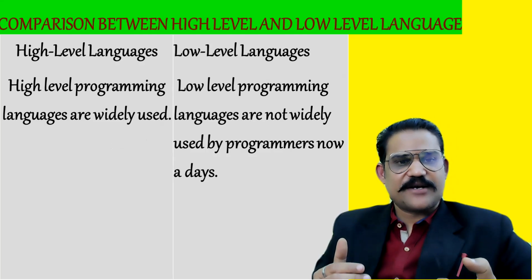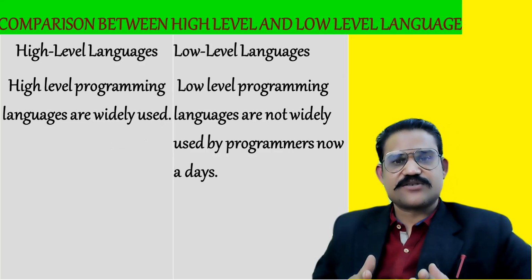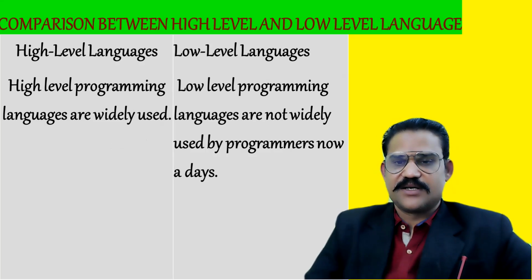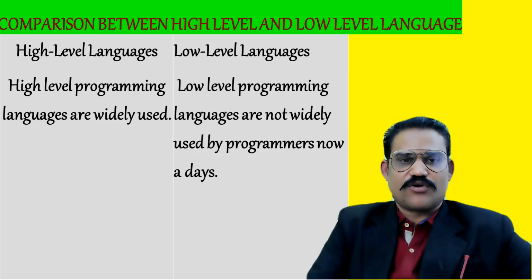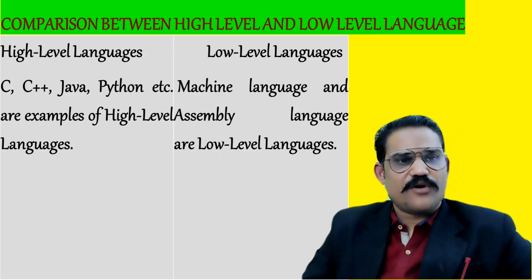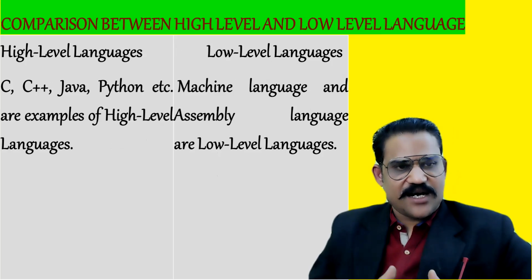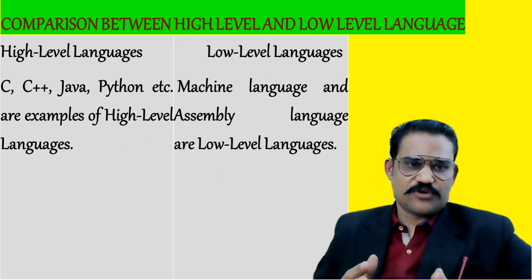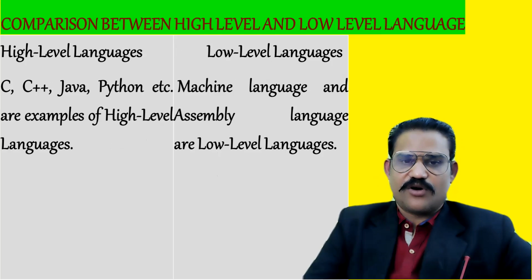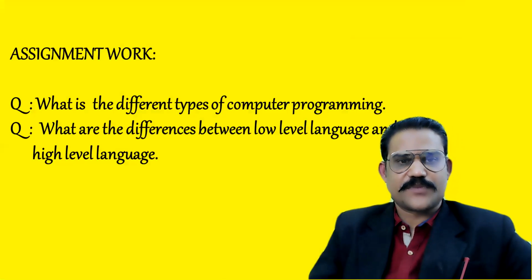High level programming languages are widely used, whereas low level programming languages are not widely used by programmers nowadays. Now come to the next point. And the examples of high level languages are C, C++, Java, Python, etc. Whereas machine language and assembly language are examples of low level language.